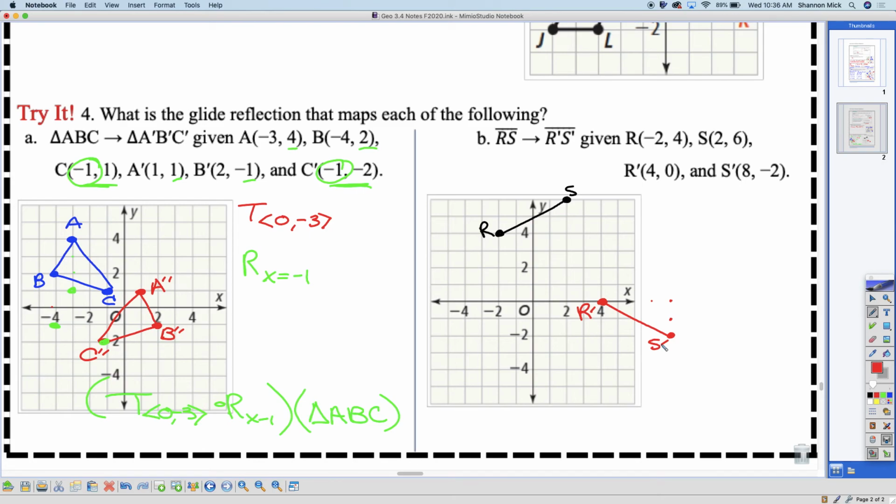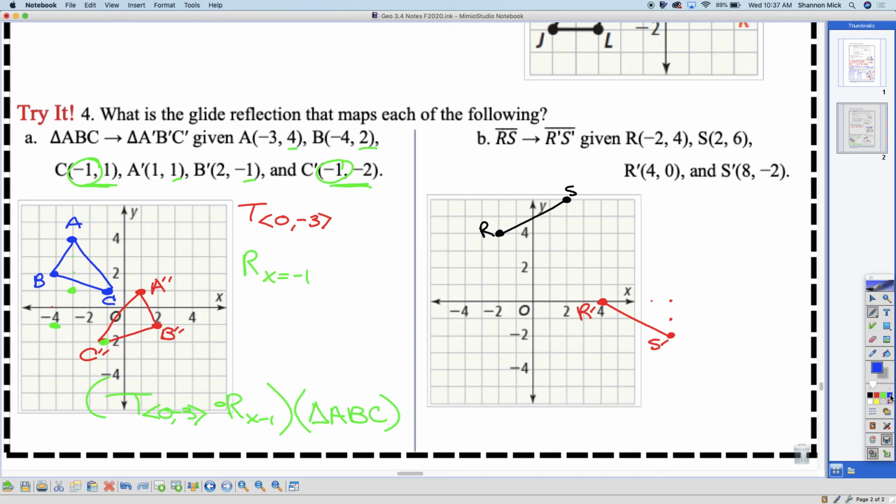So what do you want to do first? You guys want to do your translation or your reflection? Translation. Translation is easier to see, isn't it? I think it's a lot easier to see when you have it right above it.